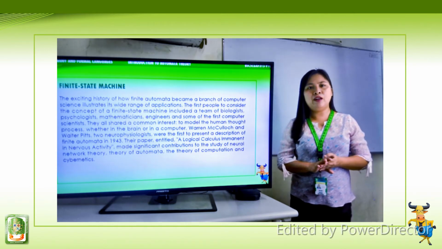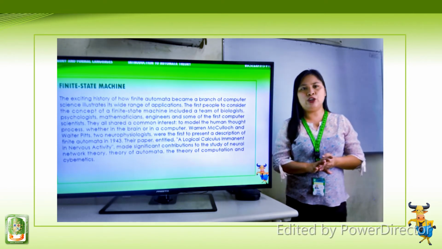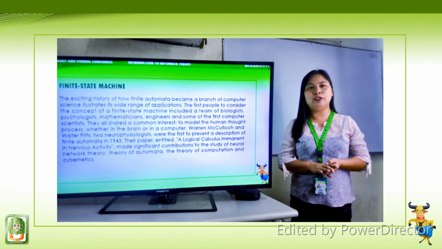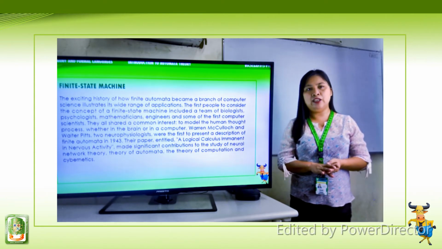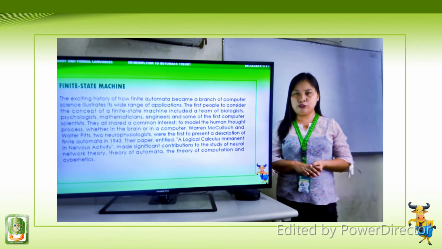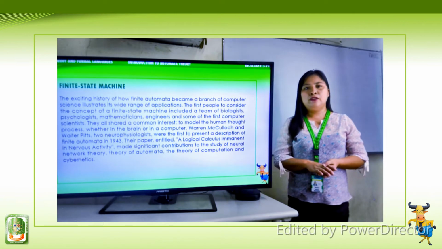So Warren McCulloch and Walter Pitts, two neurophysiologists, were the first to present a description of finite automata in 1943. Their paper entitled "A Logical Calculus Immanent in Nervous Activity" made a significant contribution to the study of neural network theory, the theory of computation, and cybernetics.